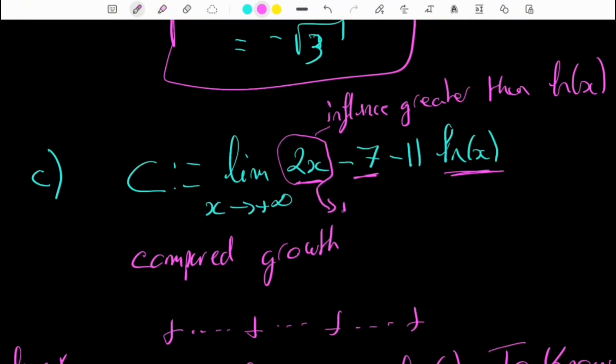So this will tend to plus infinity, greater than this minus infinity.